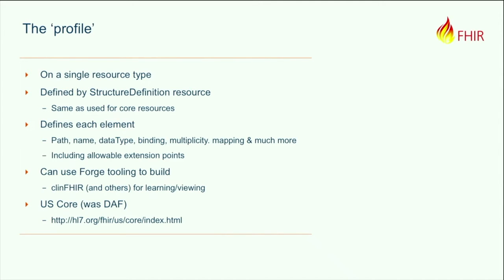As we've said, under the hood, it is defined by the structure definition resource, which the whole of FHIR is based on. Is the term eating your own dog food used in the UK? Basically, the profiling mechanism that you use to define your profiles is exactly the same as the whole FHIR spec is based upon, and it defines each element, including all the components of the element.